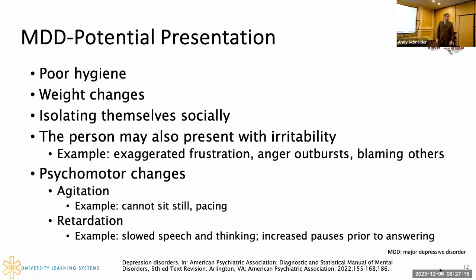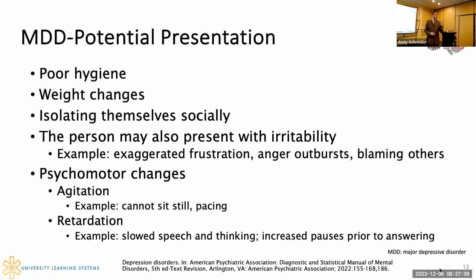Right. So I like to always bring up the irritability and anger that sometimes get missed with depression, because when we're thinking about depression, we're thinking about the sadness and the crying, and that tends to be more with females. Men tend to display more of the irritability, anger and short temper.